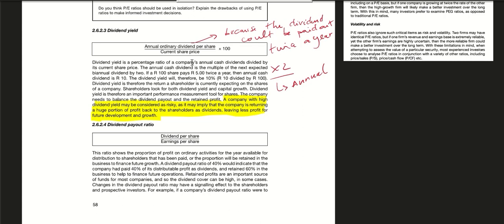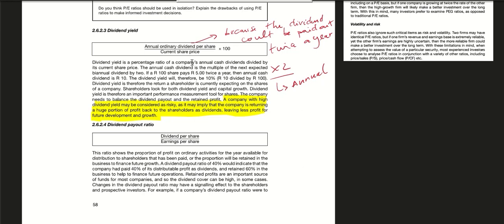For the dividend yield, we take the annual ordinary dividend per share, meaning that if we pay twice a year, we need to take the biannual. If it's 5 rand, we multiply it by 2 to obtain 10.